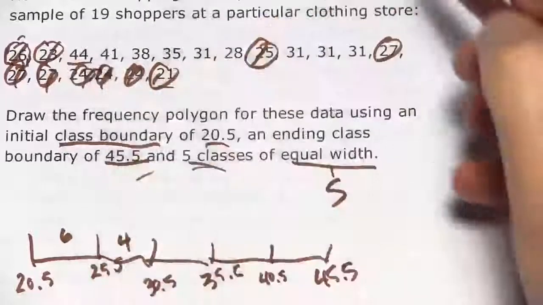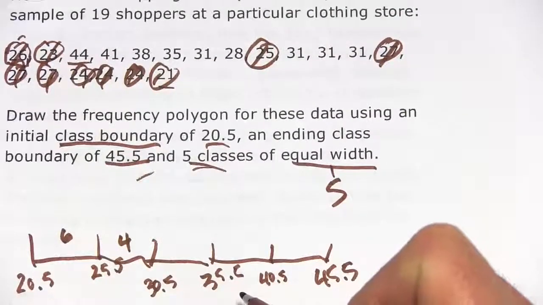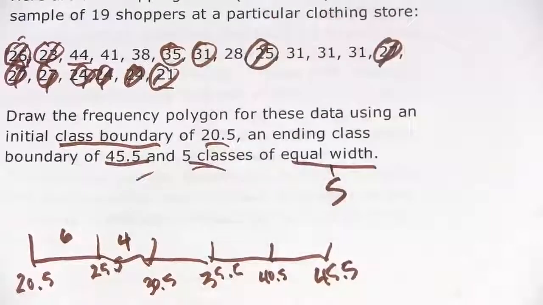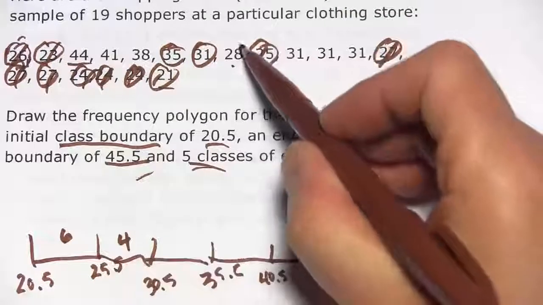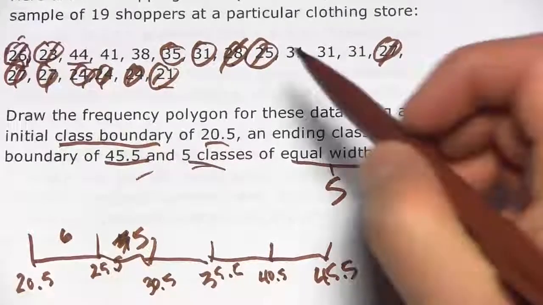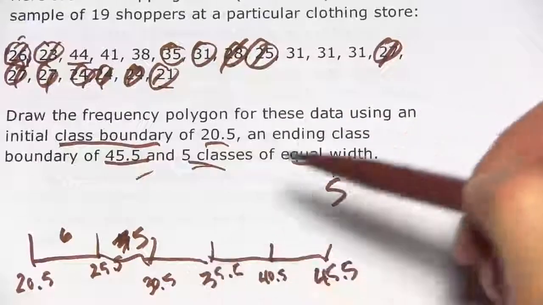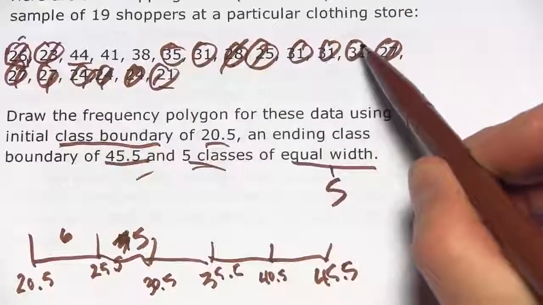We'll cross those out. And then we've got 30.5 to 35.5. So 35 would fit in there, so with a 31, oh shoot, I missed a 28 here. That's definitely going to go in the previous class, so let's up this to 5. And we've got, so 35 and 31 go in this next class, and then these other 31s, that's 1, 2, 3, 4, 5.